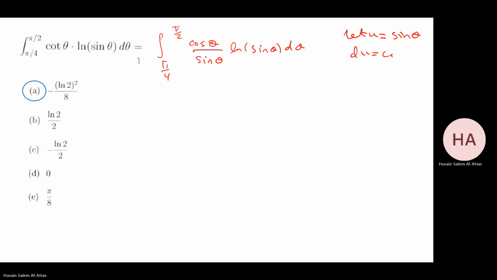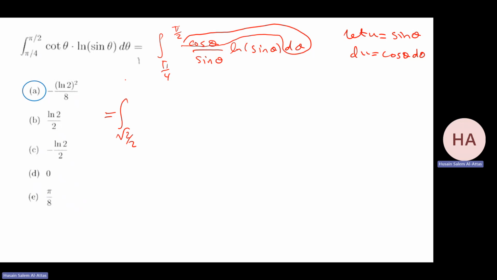Du will be cosine theta d theta. So this will be my du. So that will be what? Sine pi over 4, that will be square root 2 over 2. Sine pi over 2, that will be 1. Okay, I have ln u over u du.